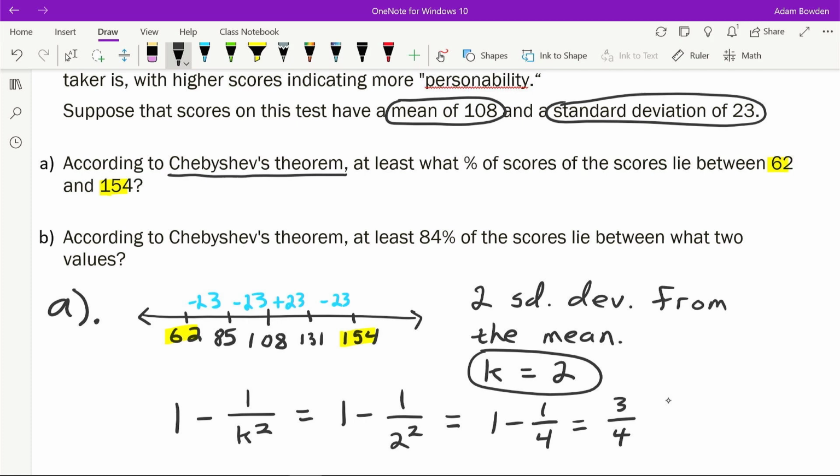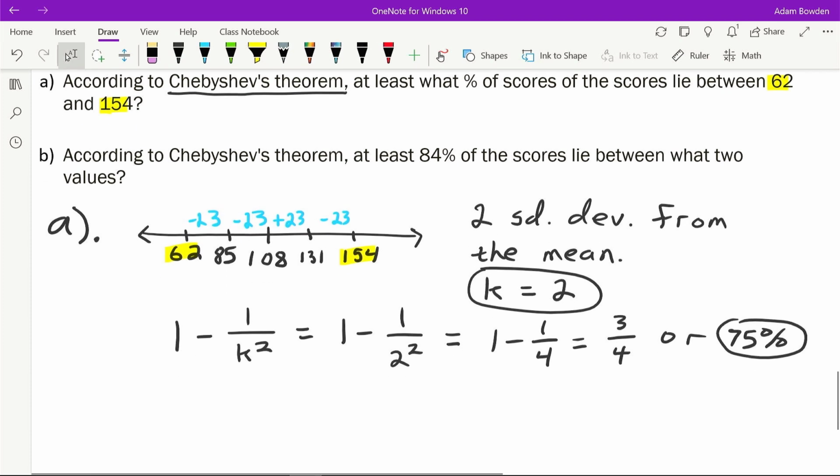The example in the last slide also had the same numbers. So that comes out again to be 75%. So the answer to the question, at least what percent of scores lie between 62 and 154, is at least 75%.